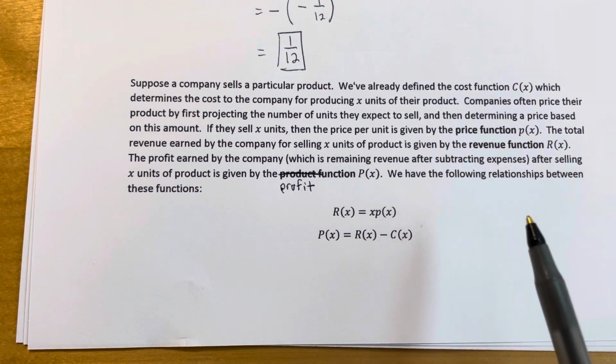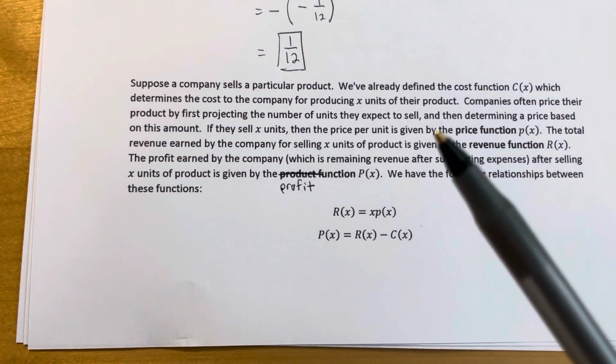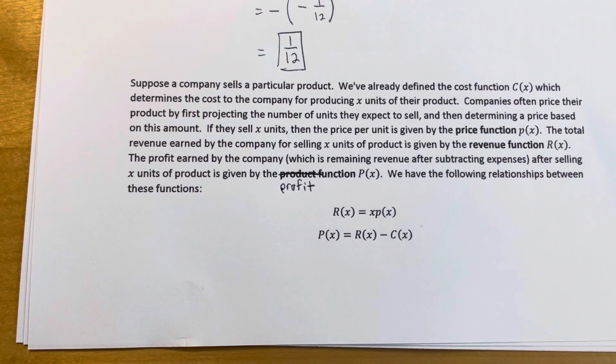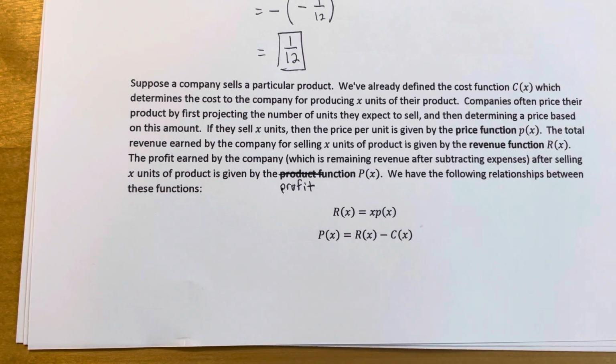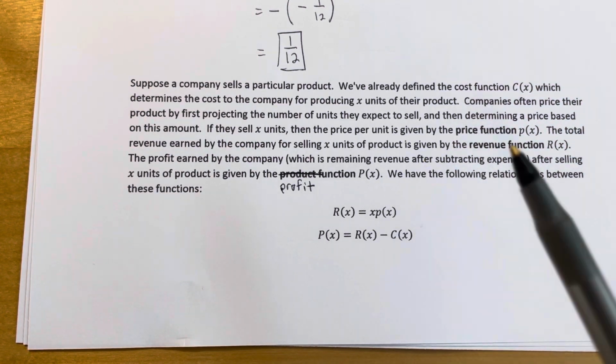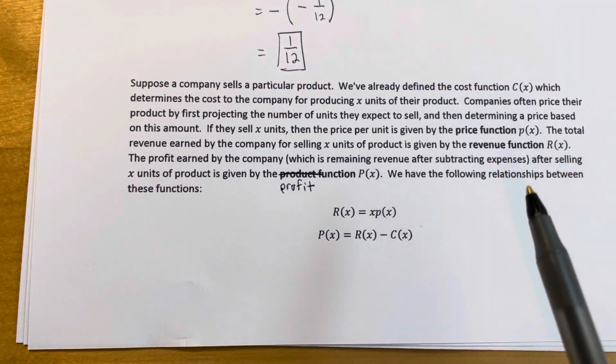So if I'm selling pens, for example, like this pen that I'm holding, and I'm charging 10 cents per pen or something like that, then p of x should be 10 cents. Even if x is like 100, I sell 100 of these pens, then I would have made $10 off of that. But the price function is only telling me the price per unit.